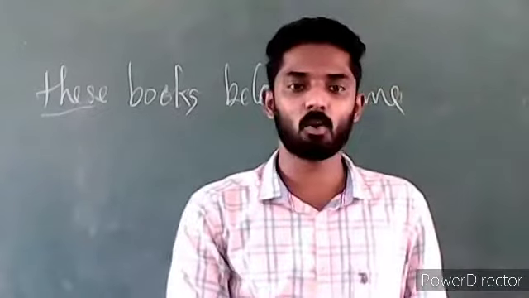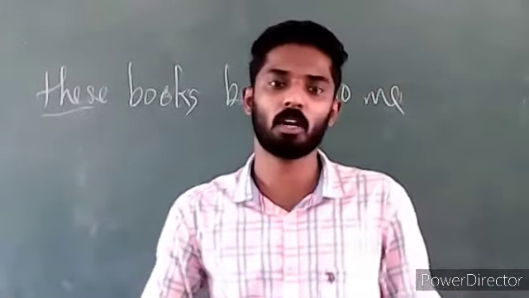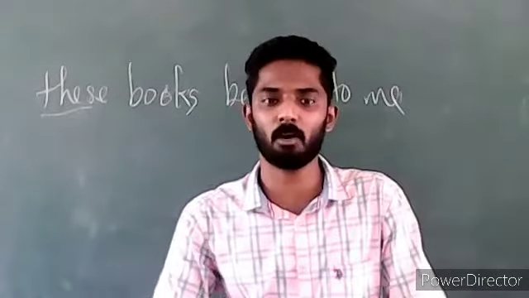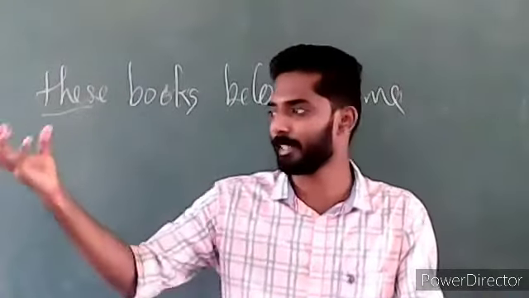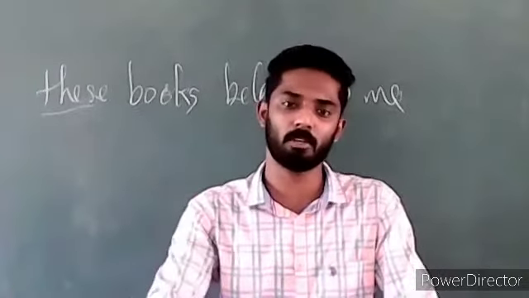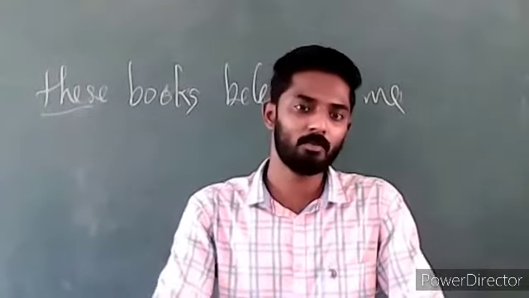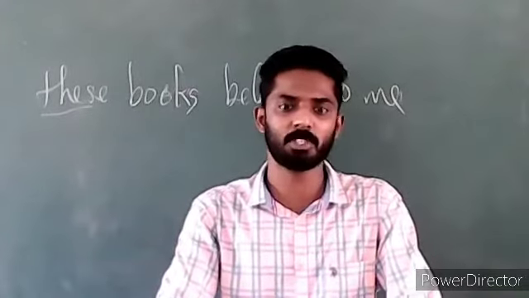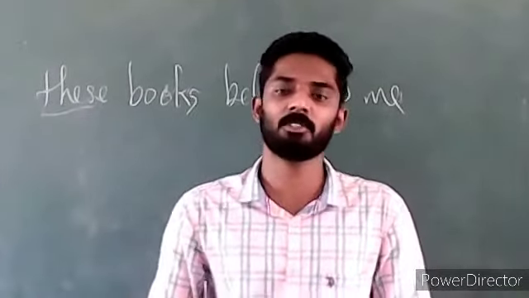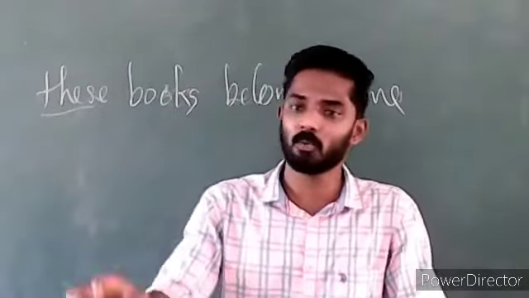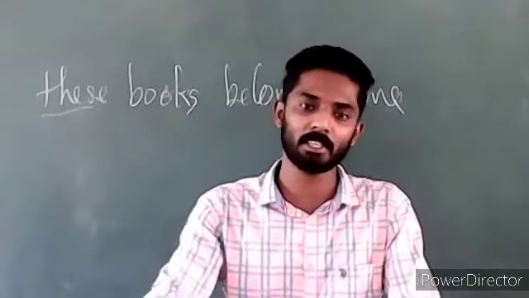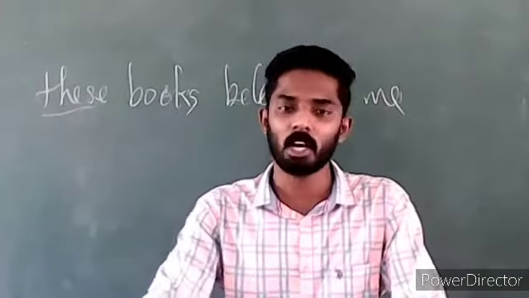And then we have quantifiers. Quantifiers means which speak about numbers, how many are there and so on. For example, many, a few, most, more, none, and so on. And then we have distributives, which distribute between two people. Each of the students is studying well. Every student is talking in the class, neither or either. All these are distributives.